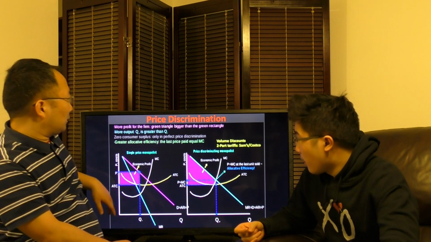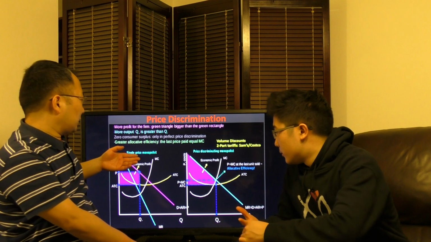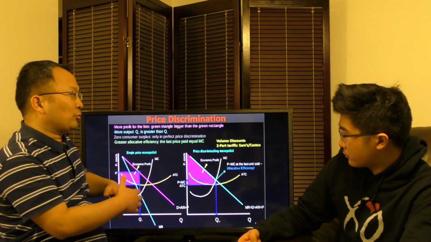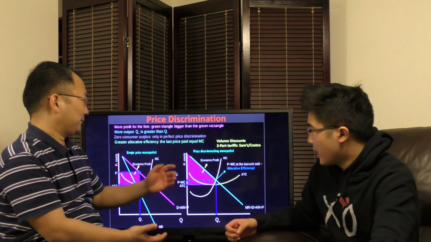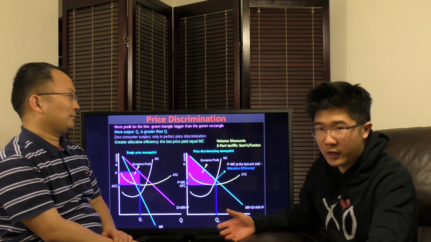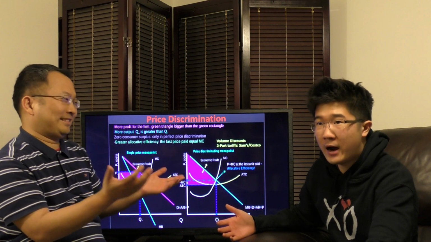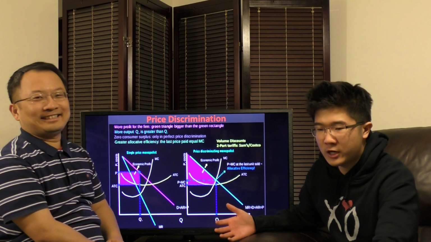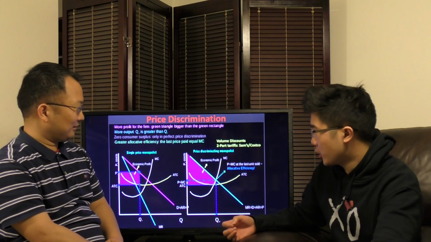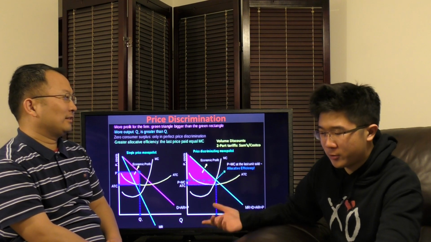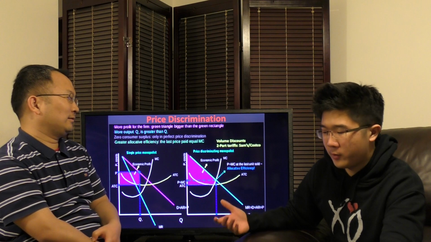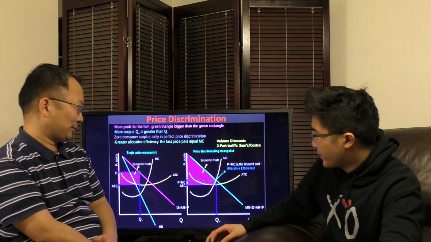Unlike the single price monopolist, the consumer has zero surplus, because every consumer is now paying a different price according to the highest price they are willing to pay. And so all that consumer surplus is now absorbed as profit by the monopolist, transferred to economic profit.